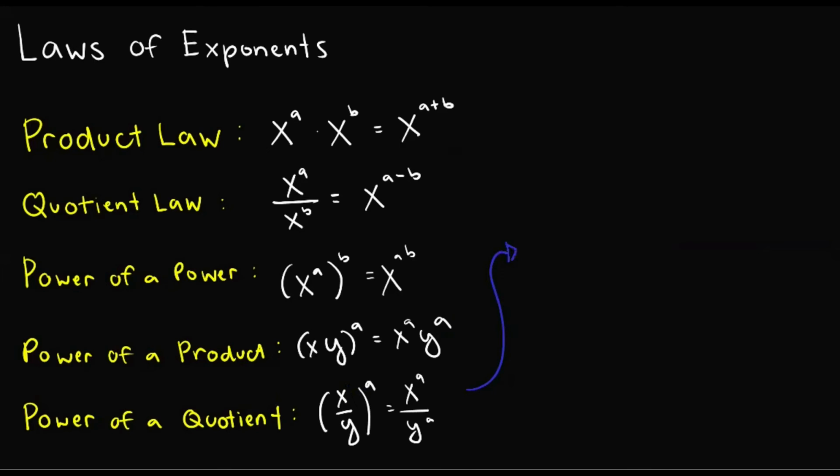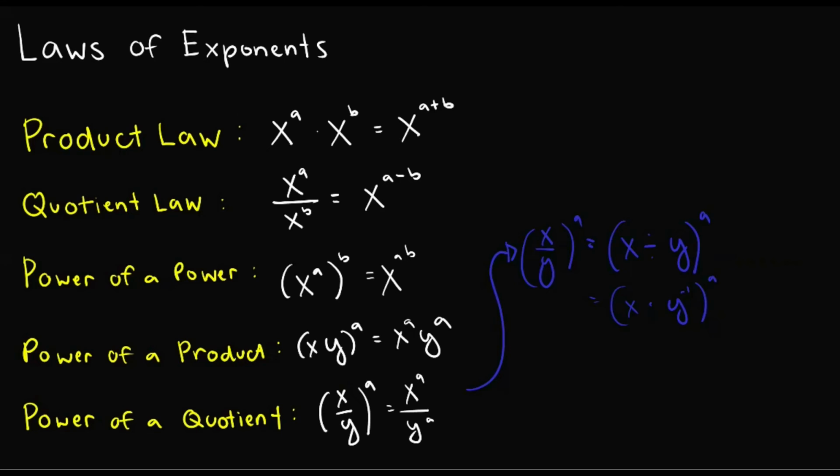So we can write this one as (x/y)^a is equal to (x divided by y)^a. And this one is simply (x times y^-1)^a, since division is simply multiplication by the reciprocal.